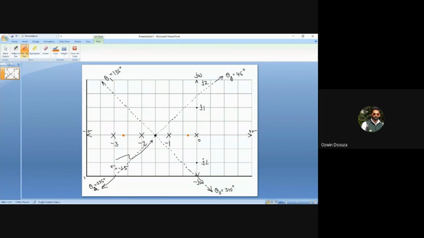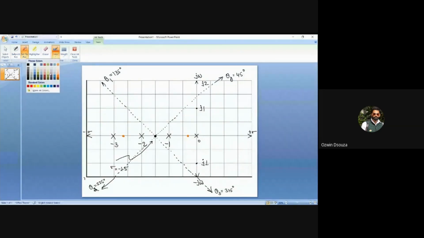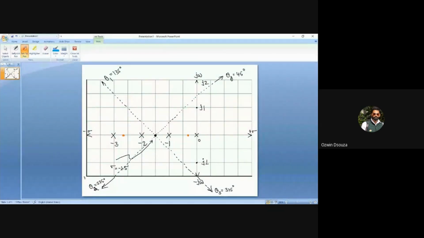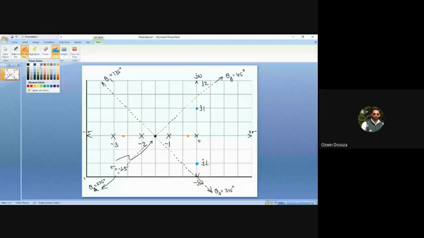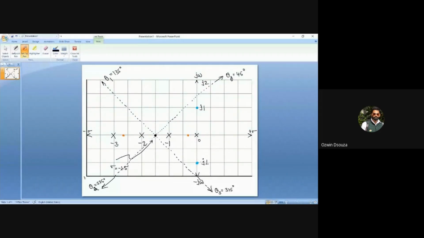Let's use a different color, say blue. This is plus j1, and this is minus j1. Fine. So rule 8 is not applicable, which talks about complex pole or complex zero. In our system, we don't have any complex pole or complex zero, so you can just ignore the last rule.